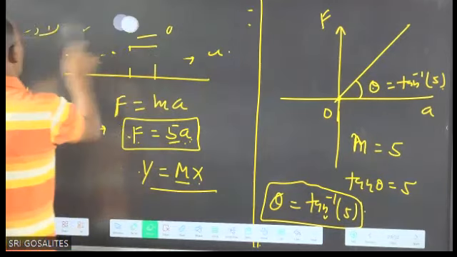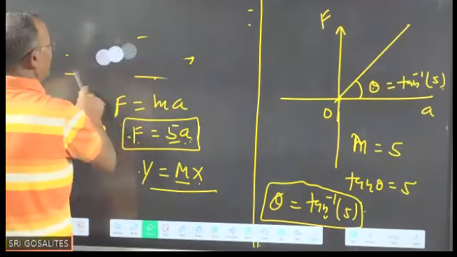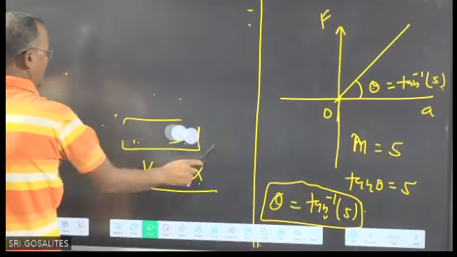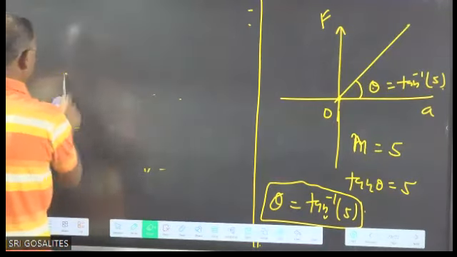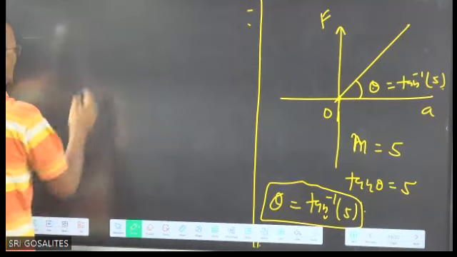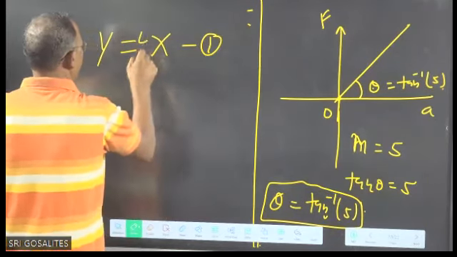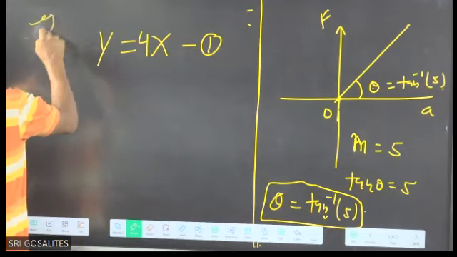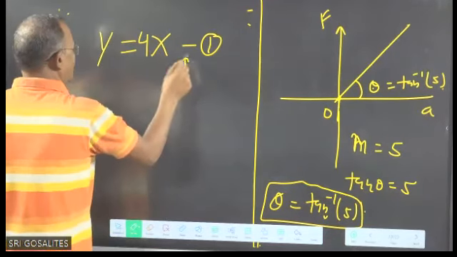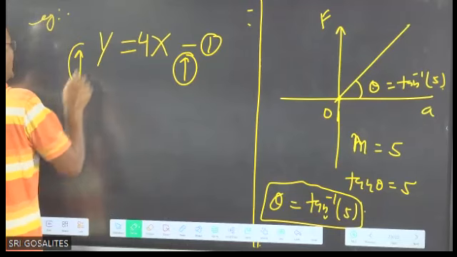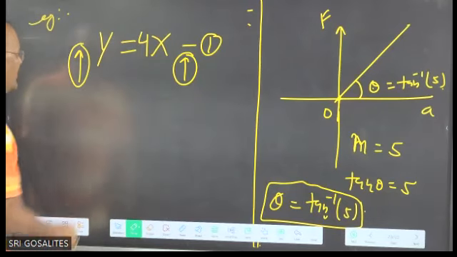Beta Tillu, see, if we have a relation like y equals x or 4x, tell me one thing: if x will increase, will y increase or decrease? Increase, right?